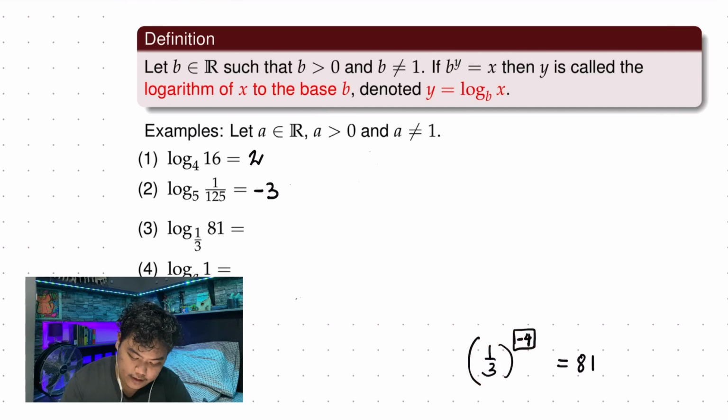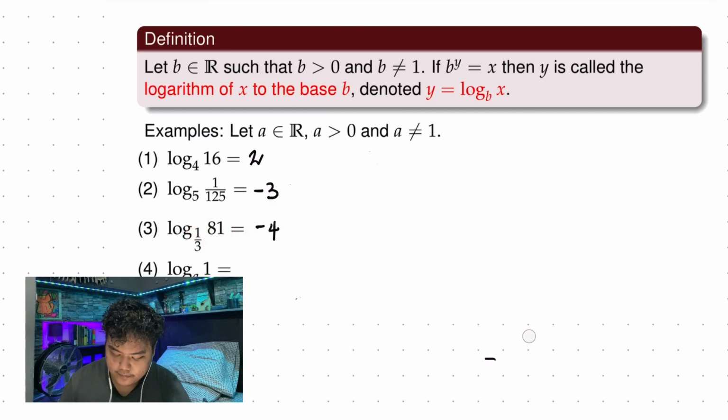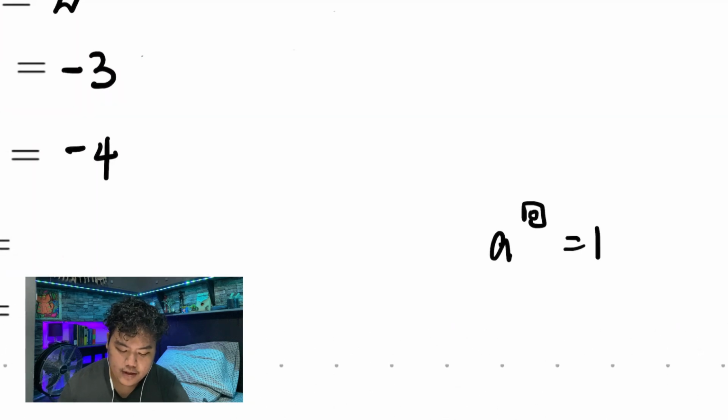Okay. Sagot dito, negative 4. Because 1/3 raised to negative 4 is 81. How about this one? Dapat A raised to something is 1. A is positive, not equal to 1. So, 0 yung sagot. A raised to 0 is 1.